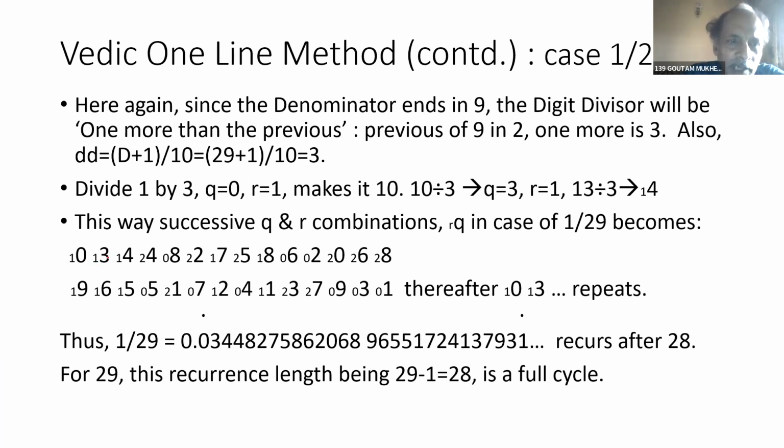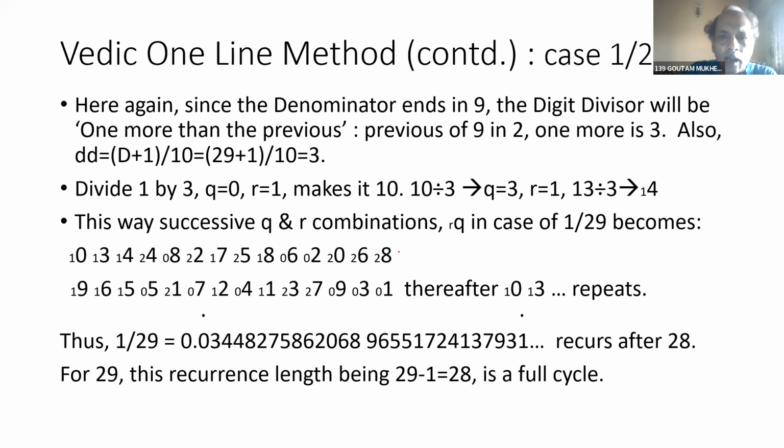It becomes 13. 13 by 3, 4 and remainder 1. 14 divided by 3, 4 becomes the quotient and 2 the remainder. 24 becomes 8 and no remainder. 8 divided by 3, 2 and remainder is 2. 22 divided by 3, 7 and 1 is the remainder. This way it goes and we will finally come back here. So 1 by 29 is this one.